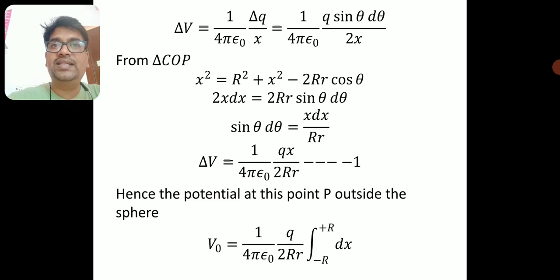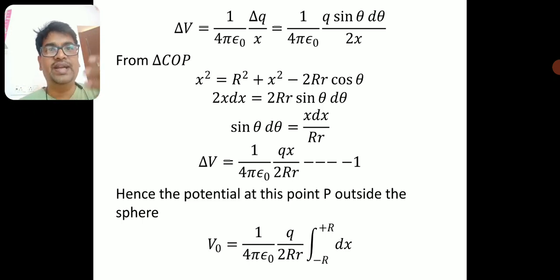After that, I'll extend this case to a whole charged sphere of radius R. First I will find the potential due to the annular ring, and then I'll extend this case to a whole charged sphere. Now I'll substitute for delta Q here. Delta Q is Q sine theta by 2. Of course, I told you d theta is there.